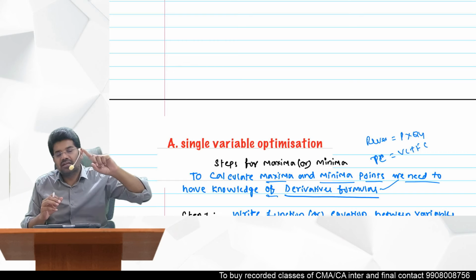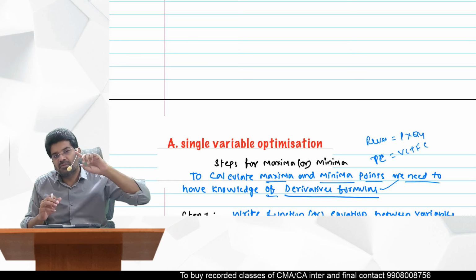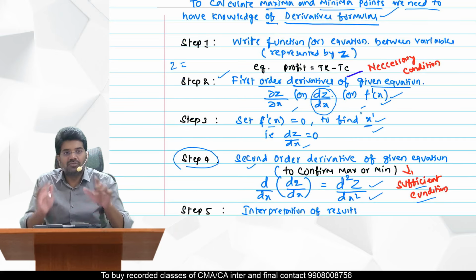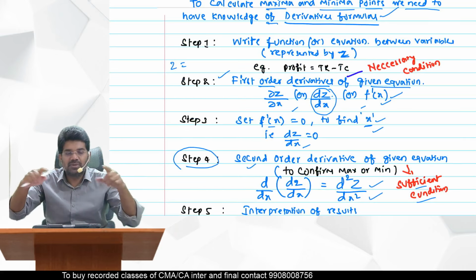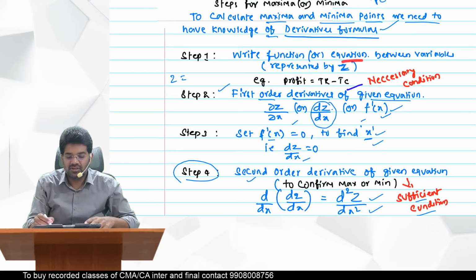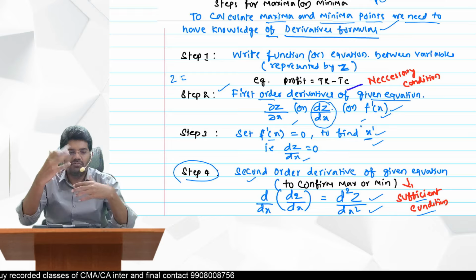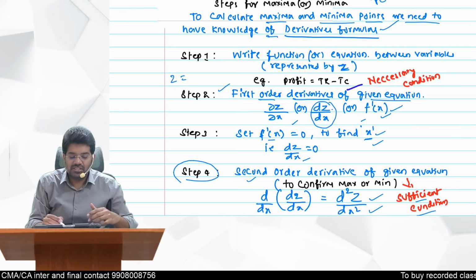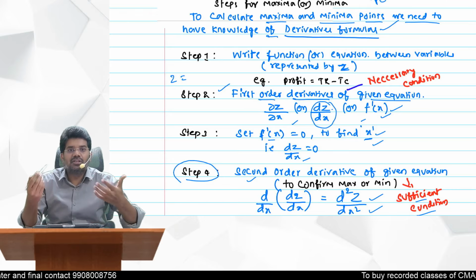So if you want to get optimization, that is maxima or minima, what are the steps involved? Step number 1, first you should express it in the form of an equation. Decide the objective function, whether profit maximization or minimization of cost. Then step number 2 is we should apply the derivative on that.